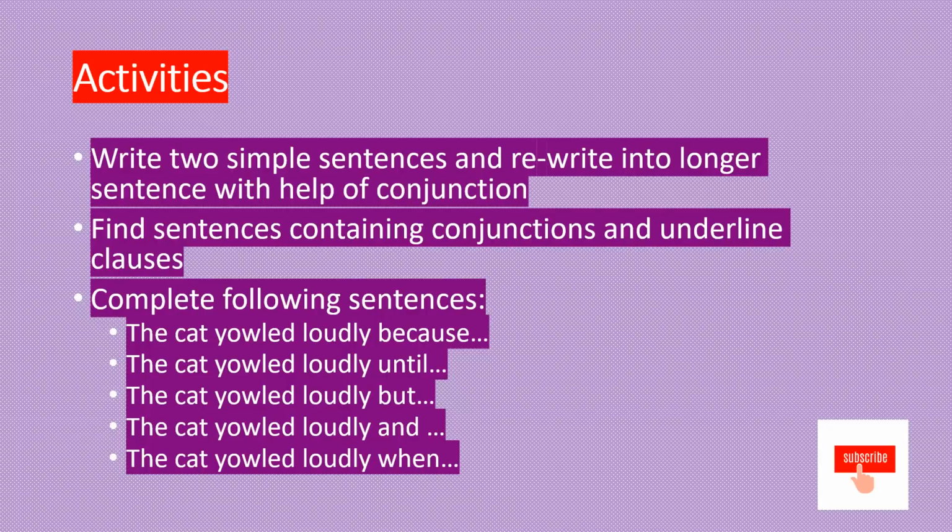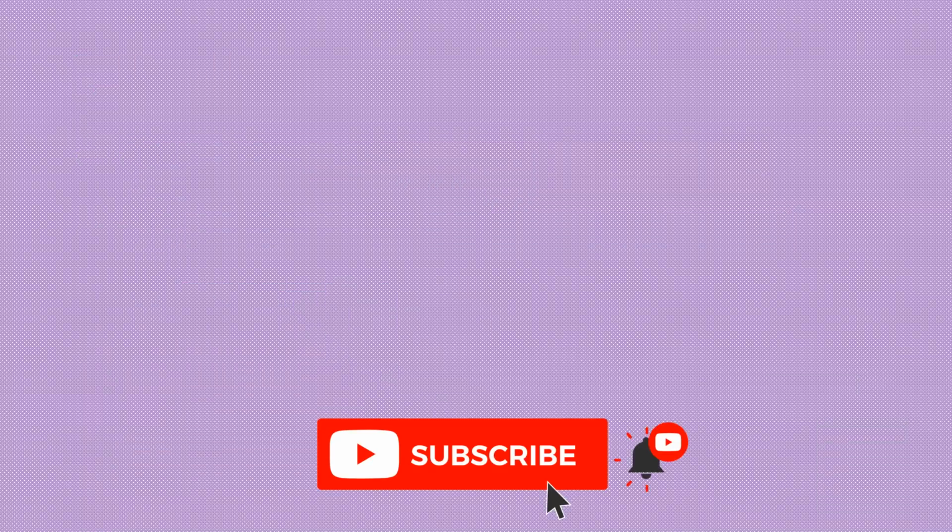The cat yowled loudly because... The cat yowled loudly until... The cat yowled loudly, but... The cat yowled loudly and... The cat yowled loudly when... So every time you use a different conjunction, the meaning changes.